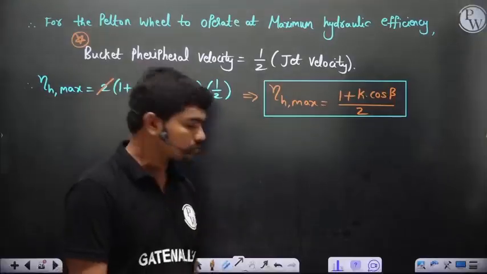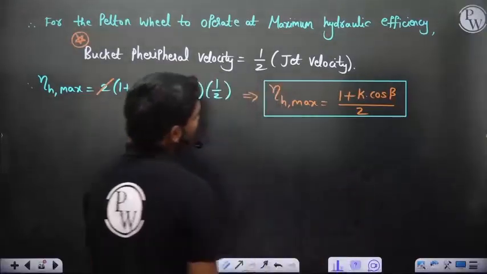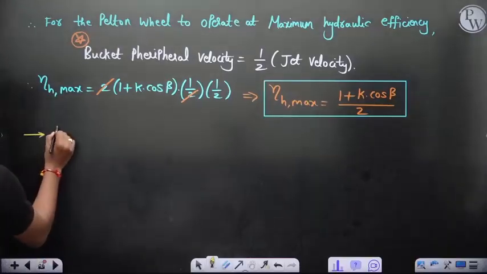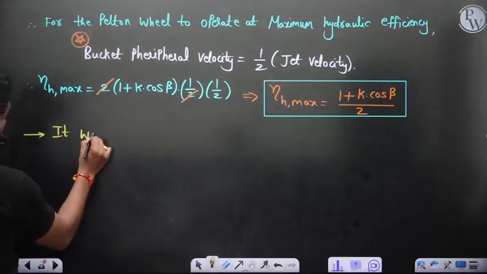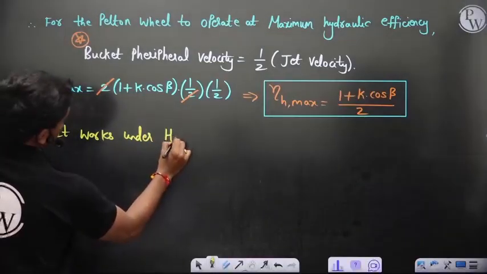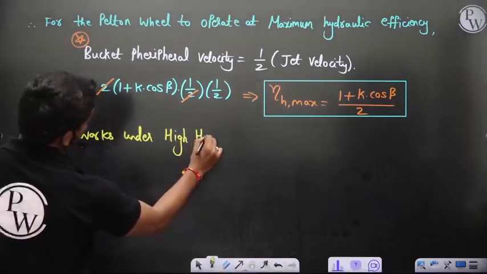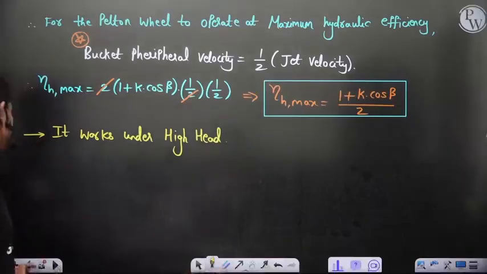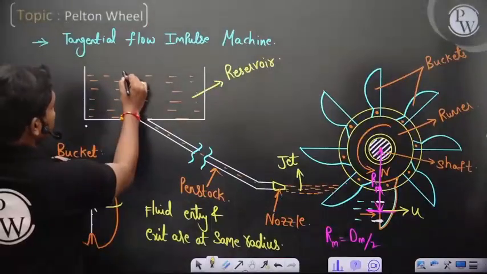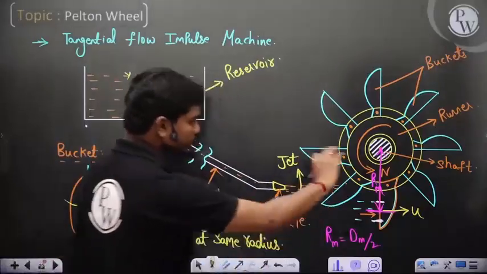Okay, so some nice things about the Pelton wheel is, of course, it generates power. So it works under high head. Actually here, why it's a high head is because if you apply Bernoulli's equation between this point and this point, both are open to atmosphere, same pressure.